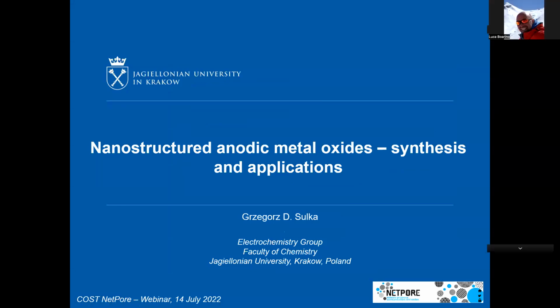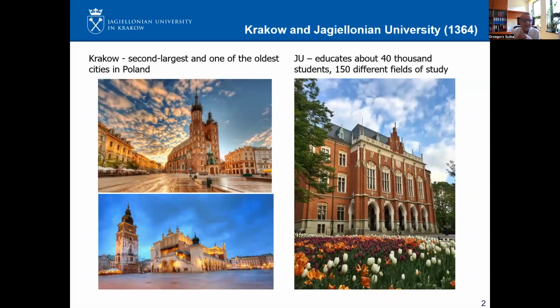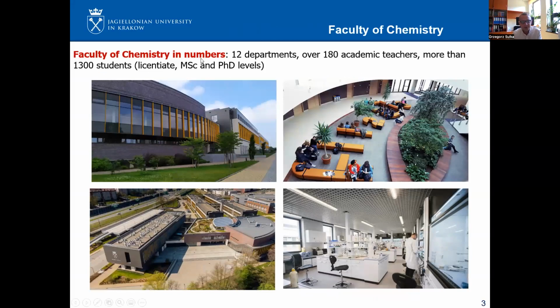Okay. Let's start. I would like to say a few words about nanostructured anodic metal oxides, about the synthesis and application of such oxides. So we are based in Krakow. Jagiellonian University is quite a large university, educates about 40,000 students in 150 different fields of study, and the Faculty of Chemistry is not so big.